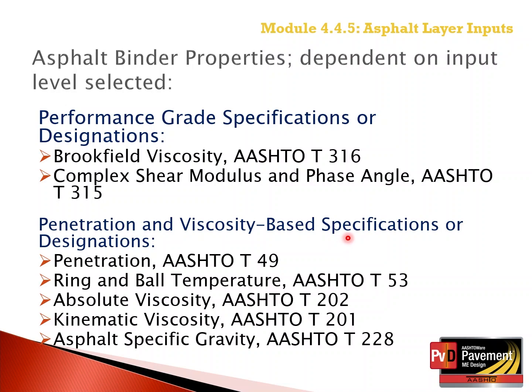The binder properties used by the program represent overall averages within each binder designation. For input level 2, the properties are measured in accordance with the test method listed on the slide. For input level 1, the same binder properties are required as for input level 2.